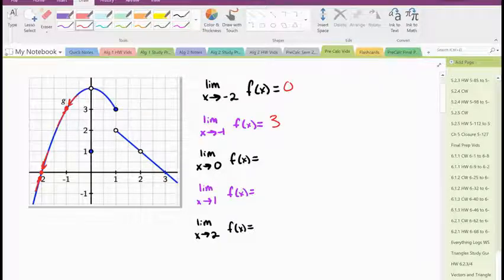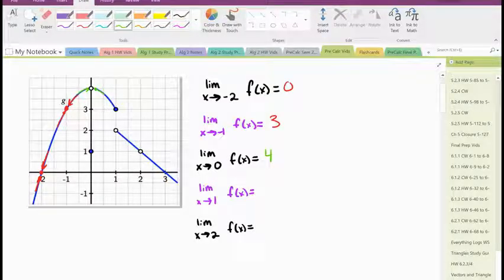This next one is where it gets a little bit trickier. When we approach 0, if I'm drawing these arrows from the left side, it looks like it's pointing at 4. If I come from the right side, it's looking like it's pointing at 4. So my limit as x approaches 0 is 4.